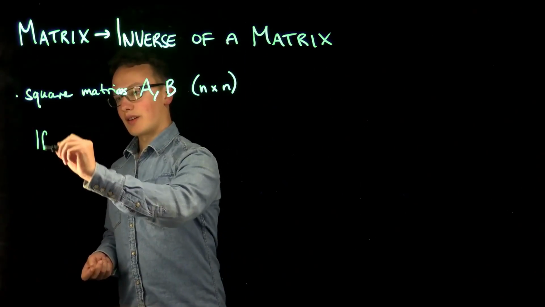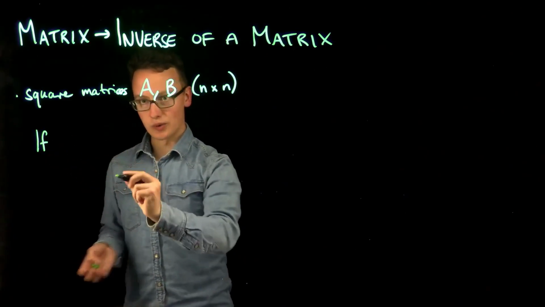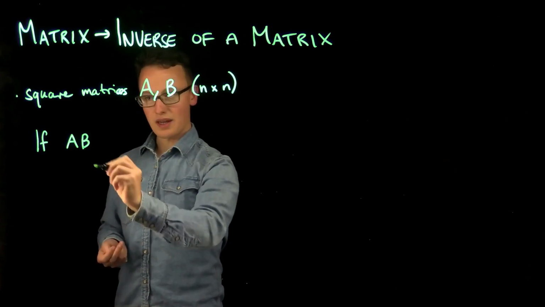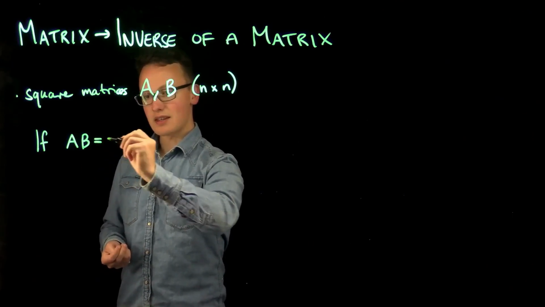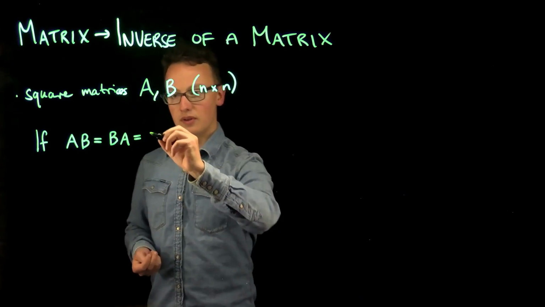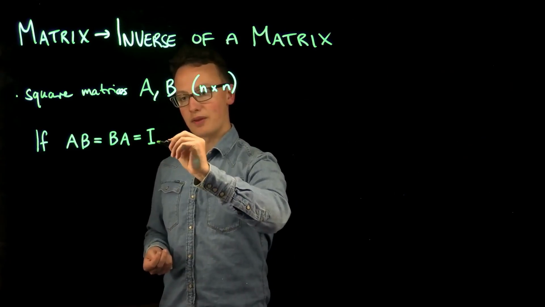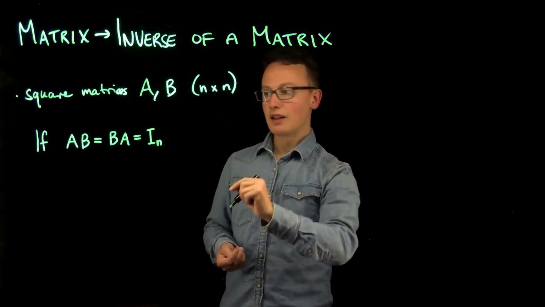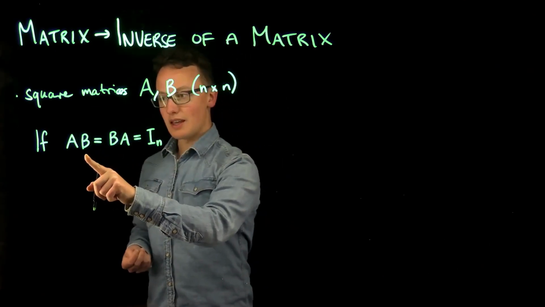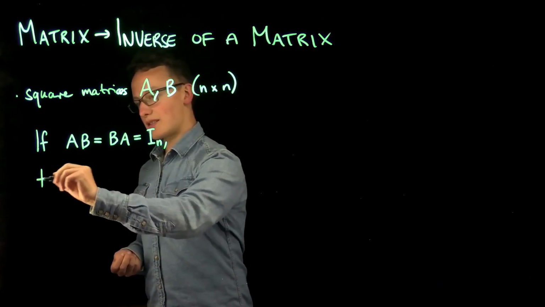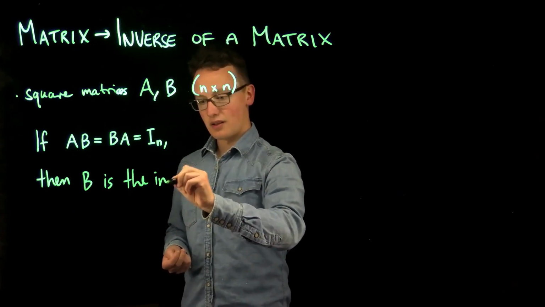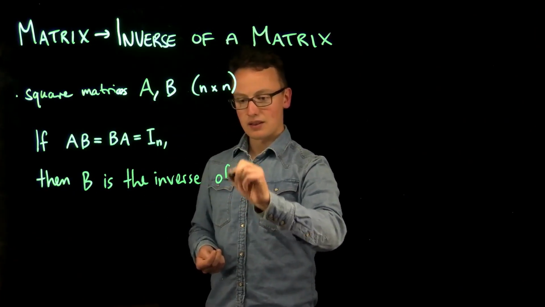Now, if the following equality holds, namely that multiplying A into B is equal to multiplying B into A, and that is equal to the identity matrix of the particular dimension we are in, then we can say that B is the inverse of A, and vice versa.